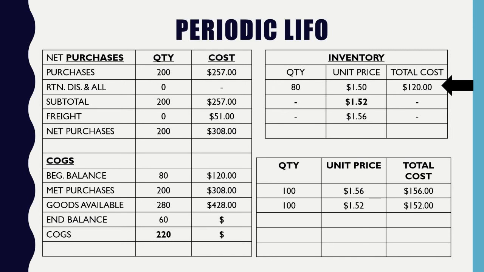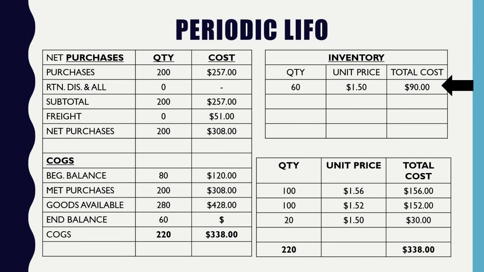I'm only taking 20. So 20 times $1.50, because that's how much it cost me per item, right? I have to calculate that, and that's going to give me a total of $30. So then you tally up your totals to get your total cost of goods sold. In this case, to sell a total of 220 units, I got a grand total of $338 even, okay?